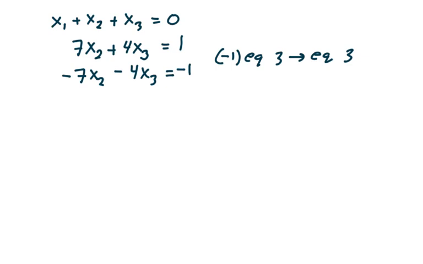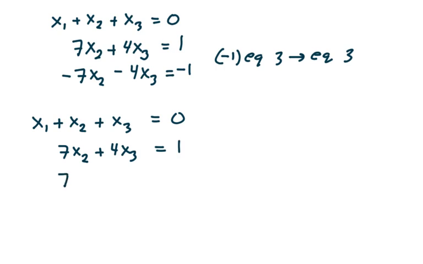Okay? So notice, we get x1 plus x2 plus x3 equals 0. We get 7x2 plus 4x3 equals 1, and 7x2 plus 4x3 equals 1, right?